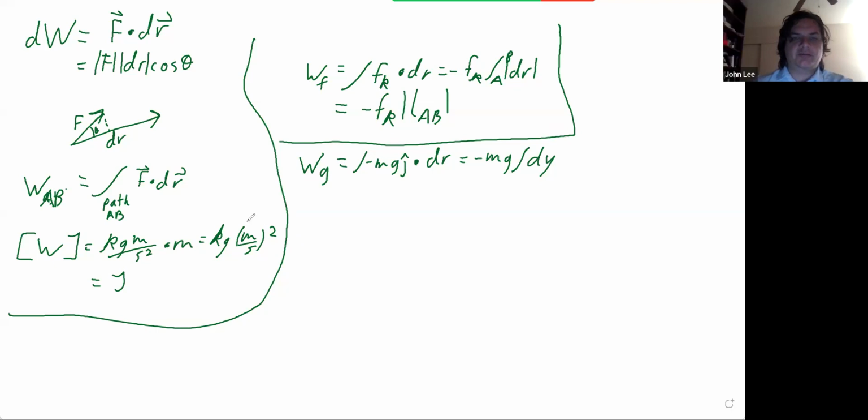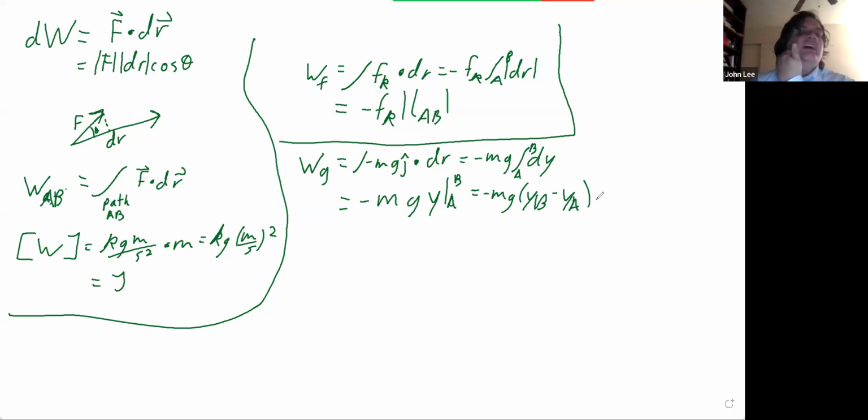So this is equal to negative mg times yb minus ya, which, let's be a little more explicit than that: the work done by gravity from A to B is equal to negative mg times (yb minus ya).